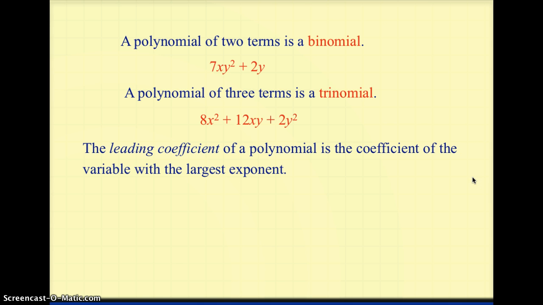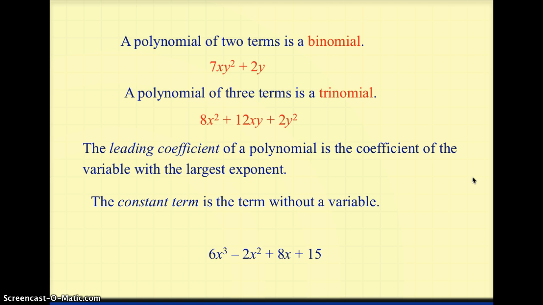The leading coefficient of a polynomial is the coefficient of the variable with the largest exponent. The constant term is the term without a variable. Let's take a look at an equation. In this polynomial, the leading coefficient is 6.